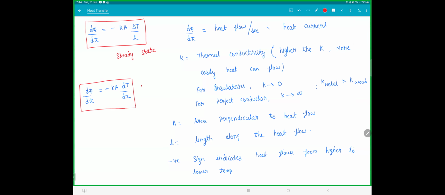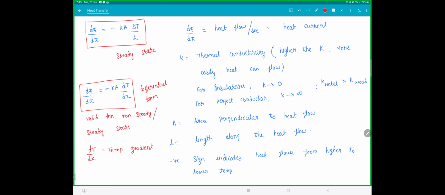This is the differential form. So whenever you have to integrate, this is the thing which you have to use. This is valid for both steady and non-steady state. And this quantity here, dT by dx, is called the temperature gradient. Anything that changes with position is called a gradient.